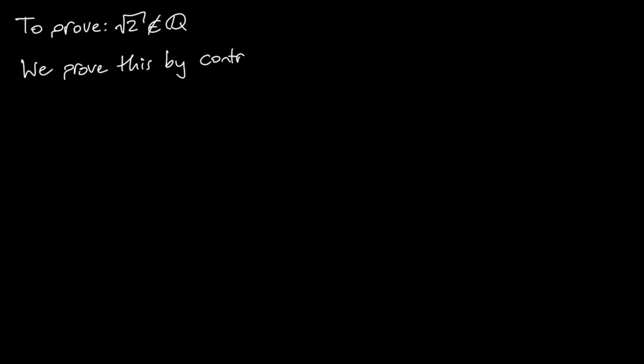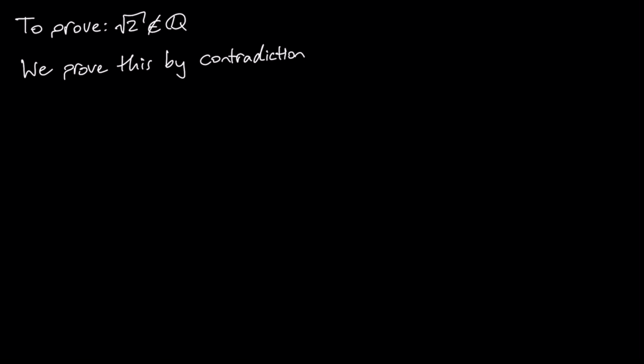We want to prove that the square root of 2 is not a rational number. So it cannot be expressed as a fraction. And I'm going to write, we prove this by contradiction first, so that my reader knows how I'm going about this proof. They know to look out for the contradiction structure, which I went through before.